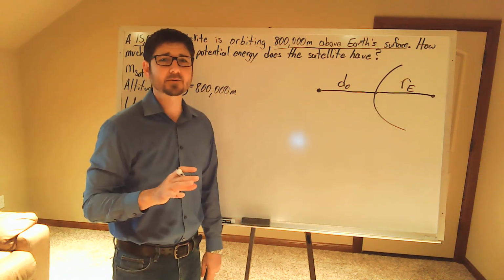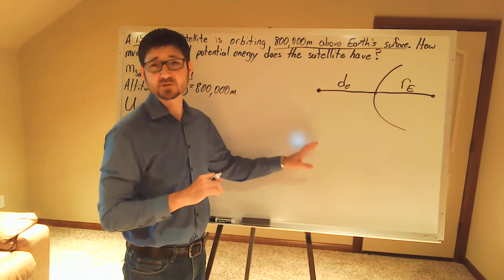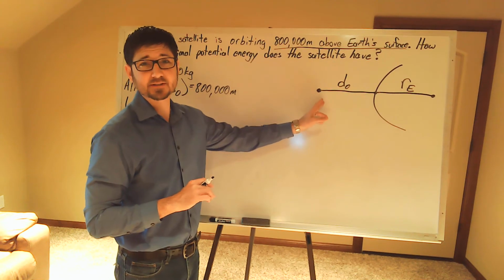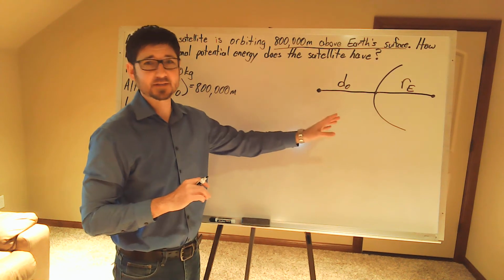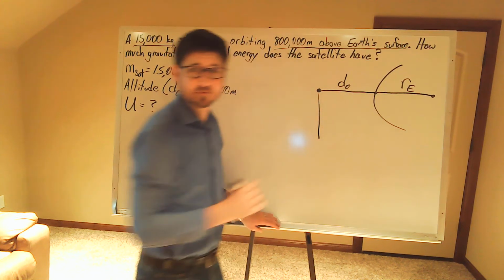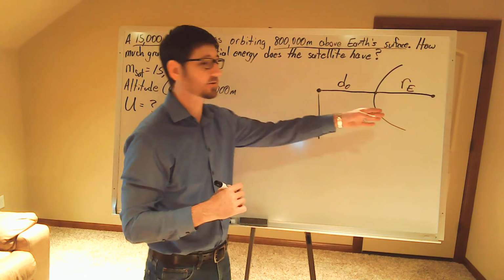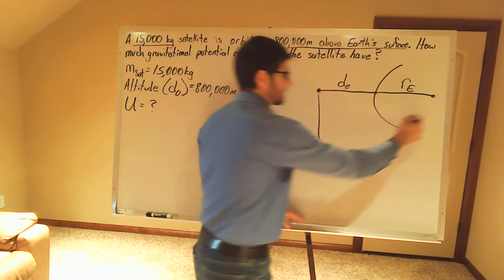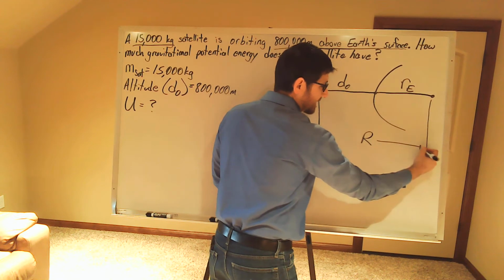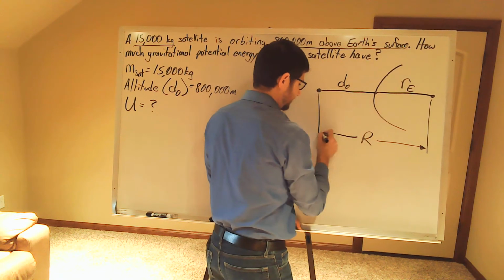Whenever we calculate the gravitational potential energy, we need to take into consideration the center to center distance. So our gravitational potential energy is from the center of the satellite to the center of Earth, and this is going to be identified as capital R.